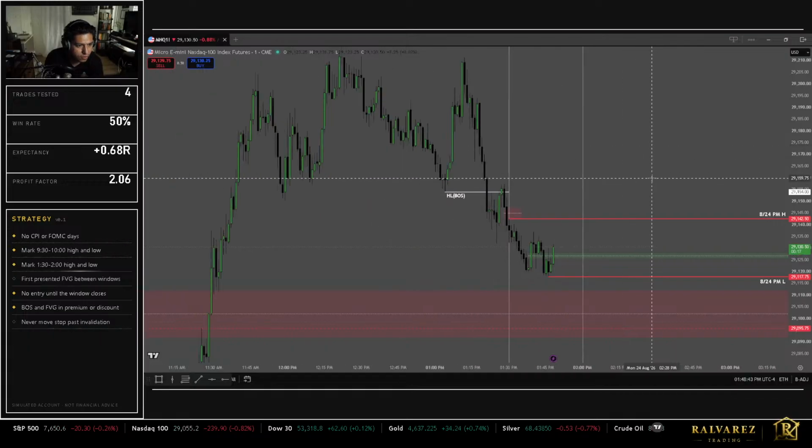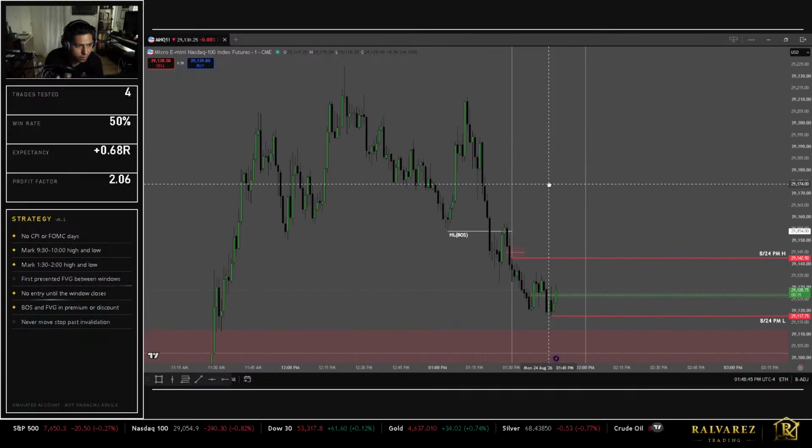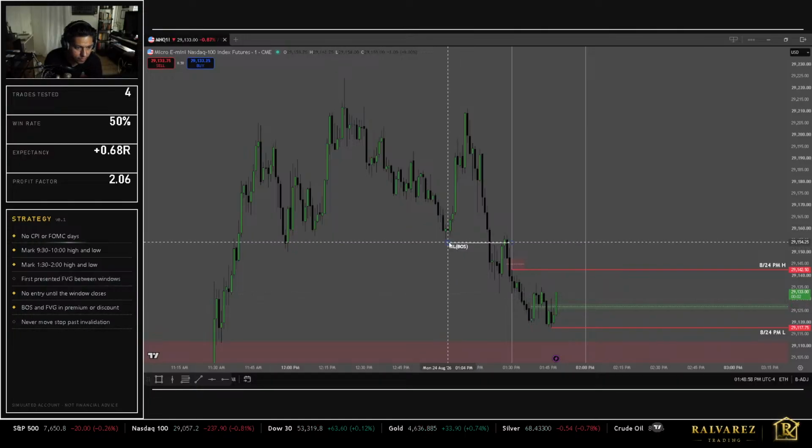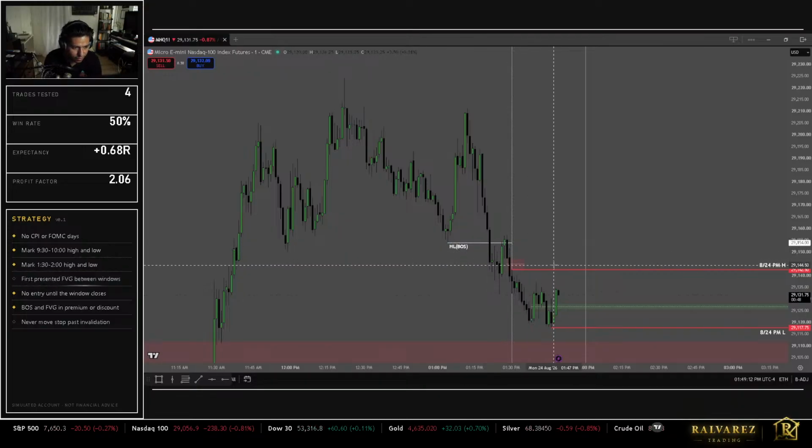I guess just to go over what I'm looking for again. So we have a higher low, and technically another higher low. So basically this would be my line of defense that I'm looking for to see it not break.